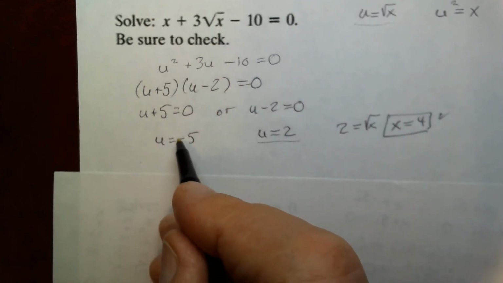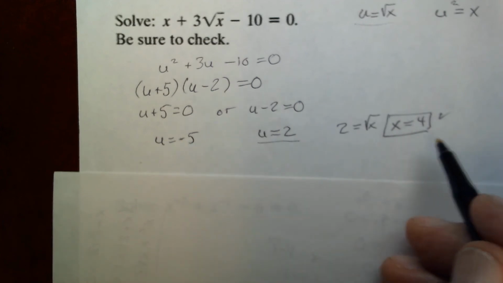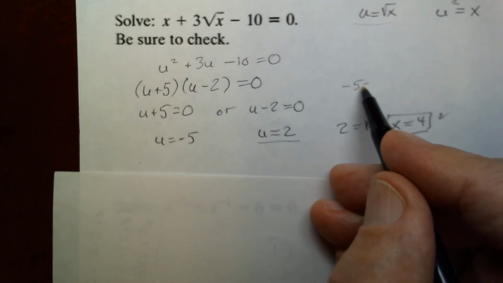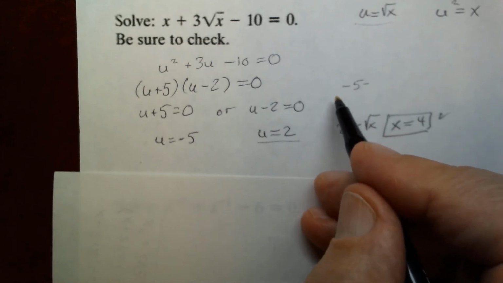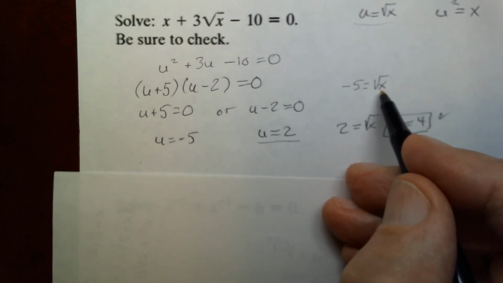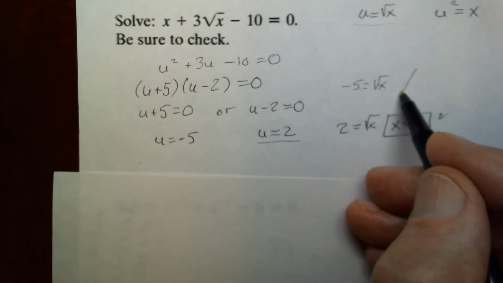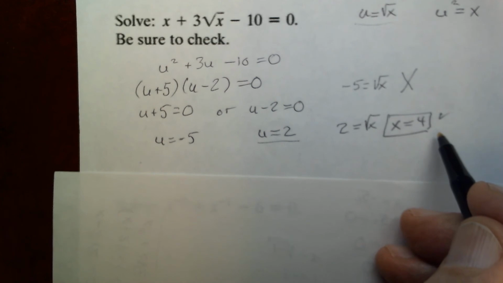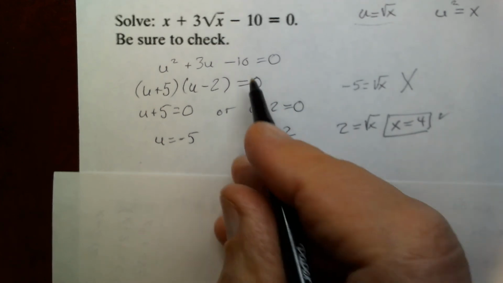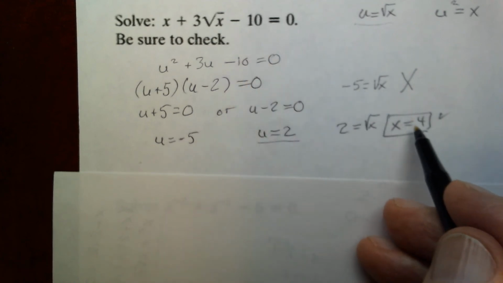However, when we use u equals minus 5, we would get minus 5 equals the square root of x, but the square root of x is not negative. So this solution is not a real solution that we can apply here. So the only solution to this equation is x equals 4.